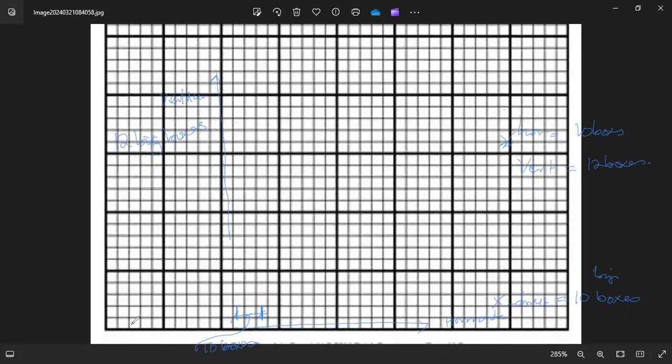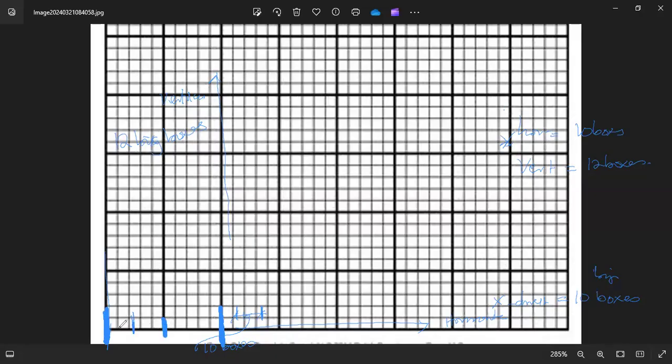Ideally, from here to here should have been one big box, and the middle line here is usually very faint.